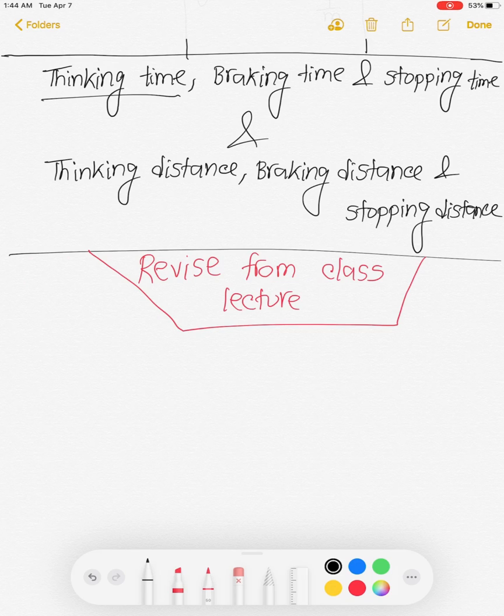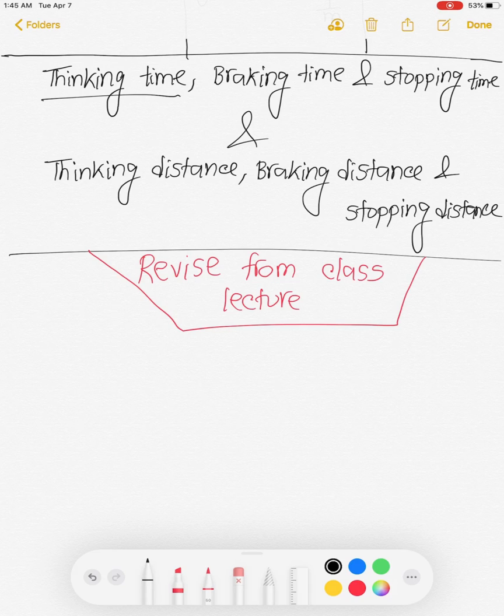All right, so the total time taken for the driver to think and the car to stop after applying the brakes, thinking time plus braking time, will give us the stopping time, and the total distance that will be covered will be stopping distance.